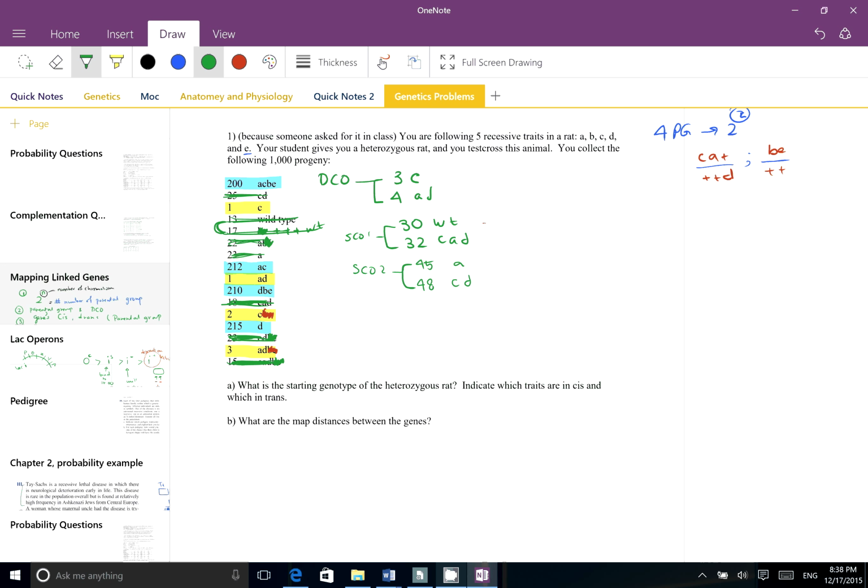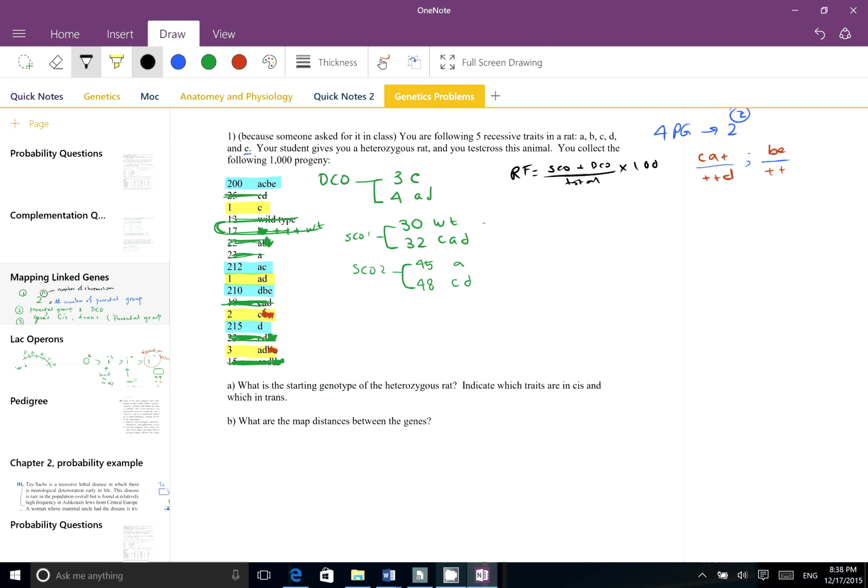And now to find the map distances, right? So I would use our favorite equation. Let me write it out. Relative frequency is equal to single crossover plus double crossover over total times 100.